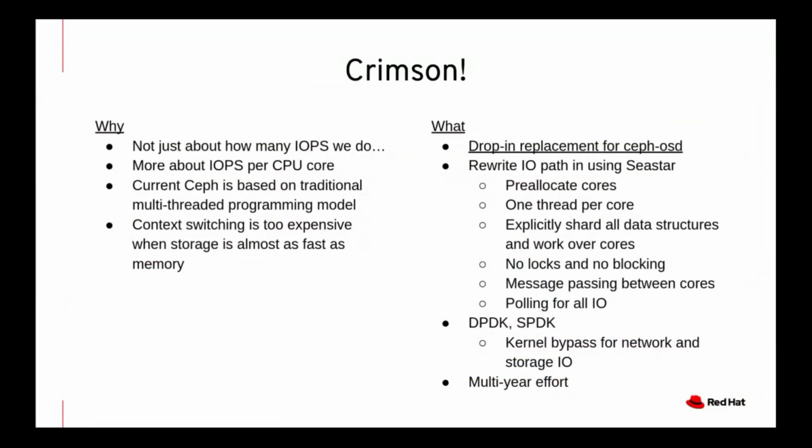And what we saw before is that the core reason for this is that the context switching inherent in the threading model used for classic OSD contributes a lot of latency and overhead. Crimson avoids this problem by pre-allocating a single thread per core and partitioning data structures and work among cores as much as possible so that accesses are core local, making locks unnecessary.